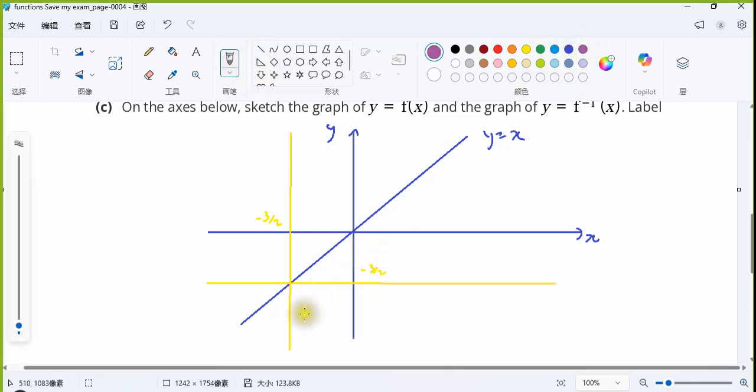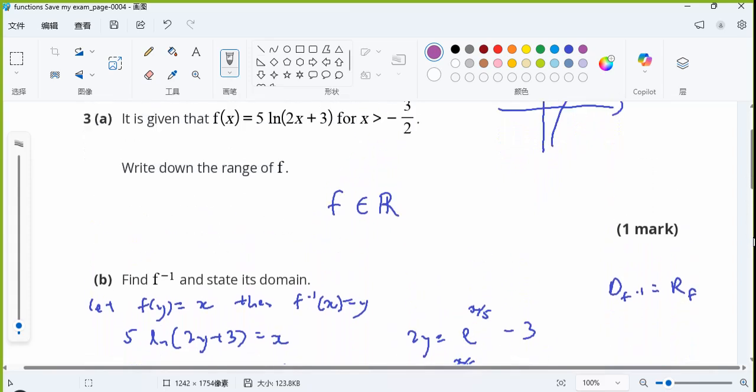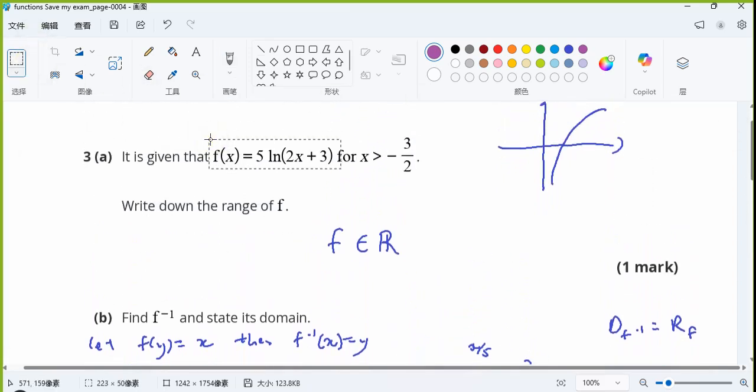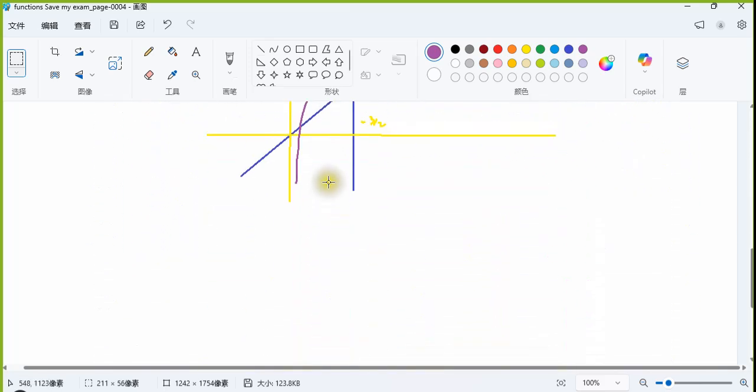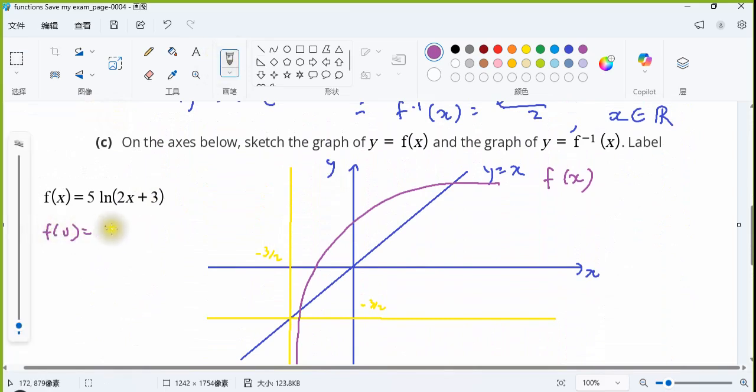So f(x) is something like this. When x equal to 0, f(0) is 5 ln 3. So over here is 5 ln 3.